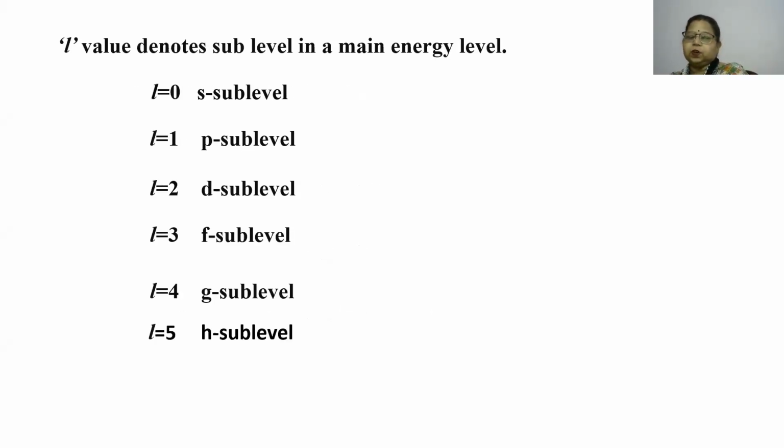So let's move on. This is what we have understood. L is equal to 0, 1, 2, 3, 4, 5 for s, p, d, f, g, h, that you know. Although our syllabus restricts us to only l equal to 3, we can always move on to g and h. They are not a part of the syllabus, but we can know them, right?